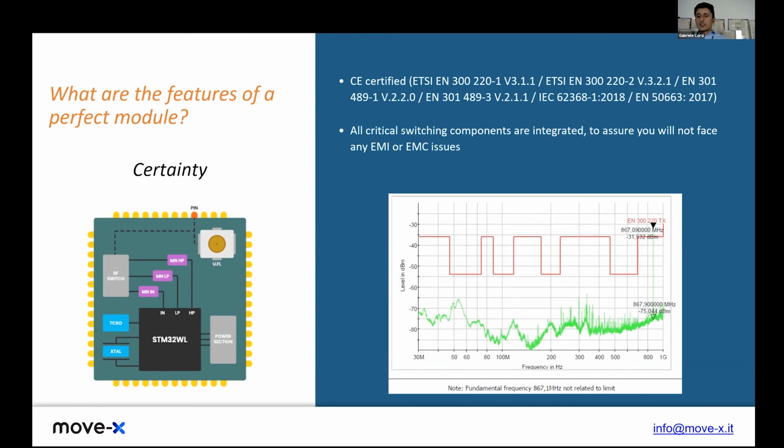Every component is placed and routed in a way that it will not have any problem regarding EMI and EMC, signal integrity problems or anything like that. It's all integrated inside the module.